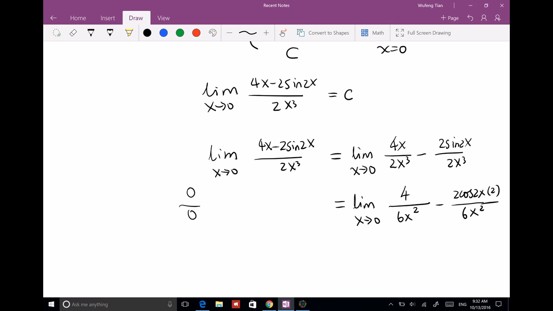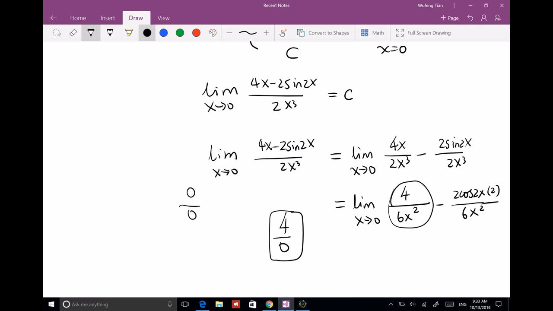Then you still have 0 on the bottom. Why do you have 0 here? Because 0 squared times 6 is 0. Yeah, we have 4 over 0 form.